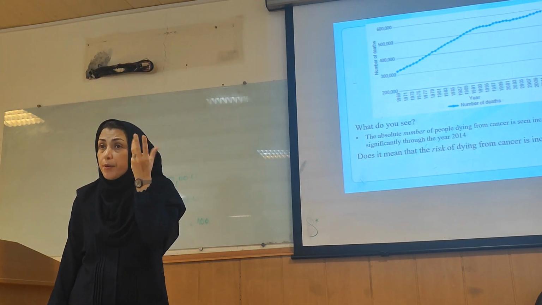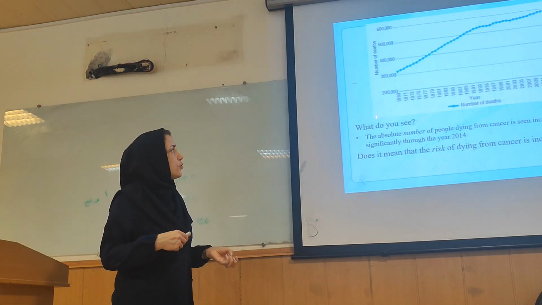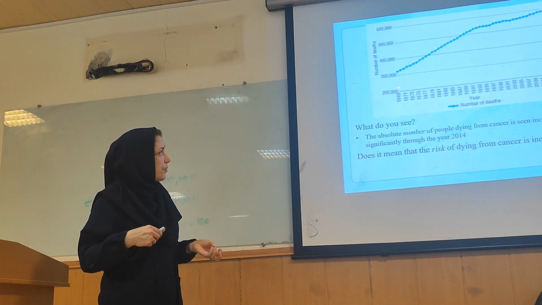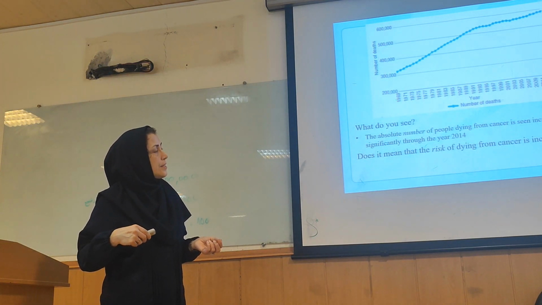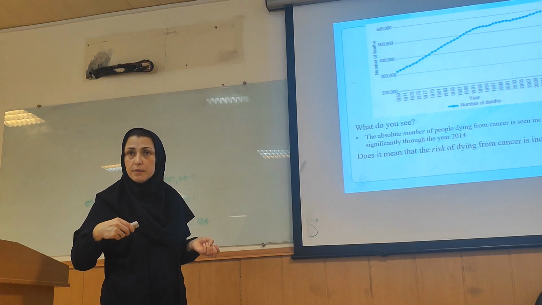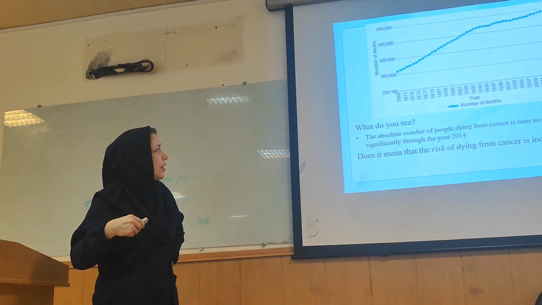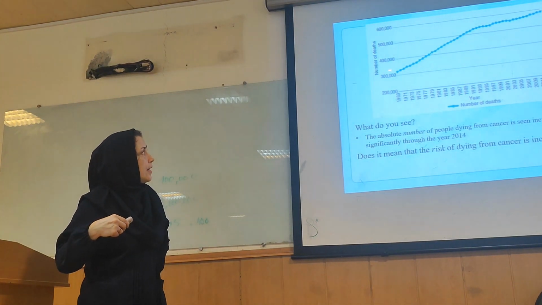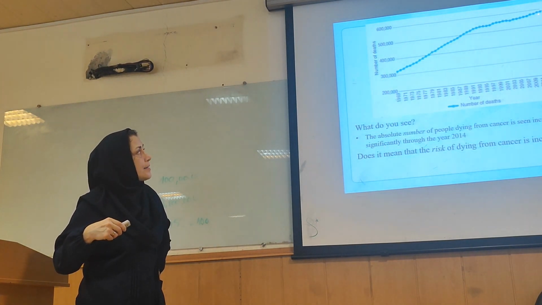Very good. Population might be increasing. If, for example, the total number of population is doubled between this year and this year, and you can see here that the number of deaths is 300,000, and the total number of people dying from cancer is doubled.